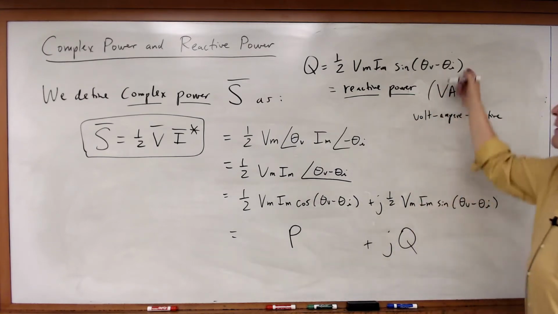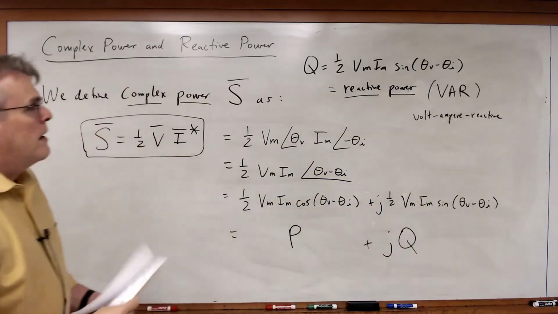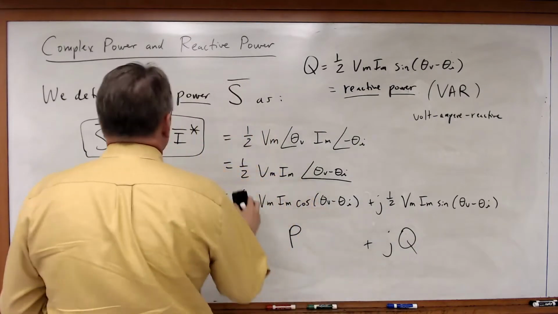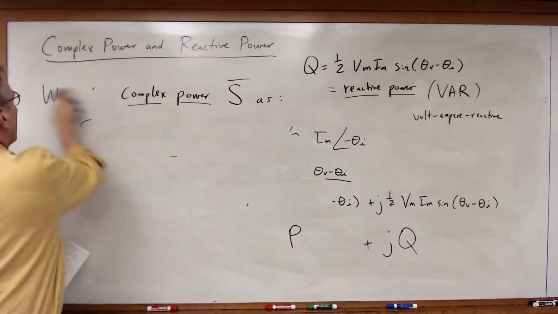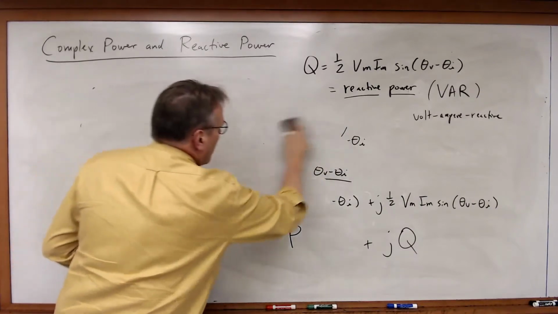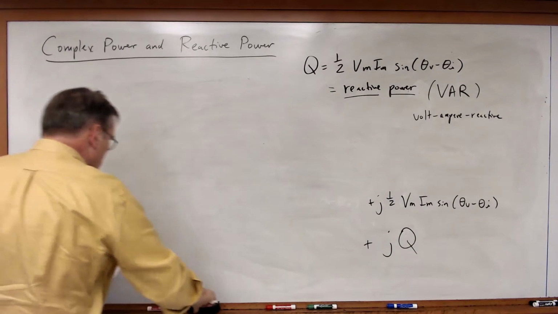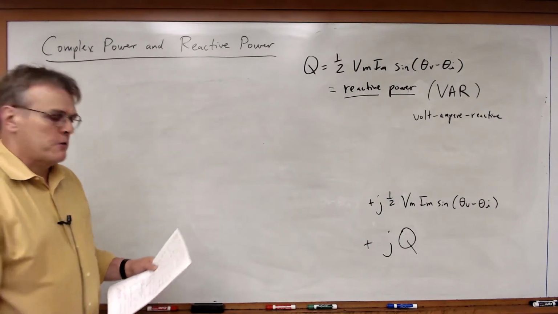So reactive power has units of VARs. Specifically, reactive power is a measure of how much power is absorbed and then returned to the circuit by an inductor or a capacitor.